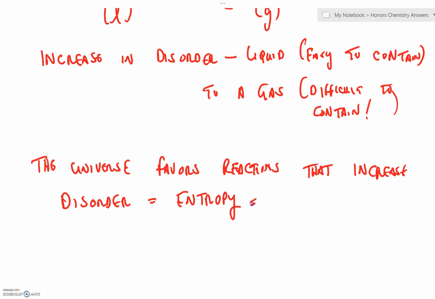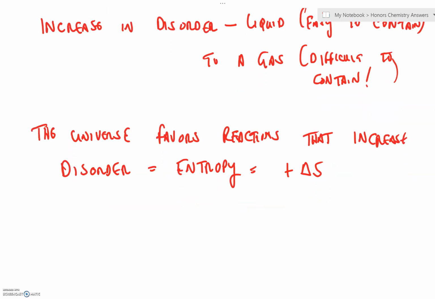And a reaction that increases disorder has a positive delta S. We like reactions that increase disorder.